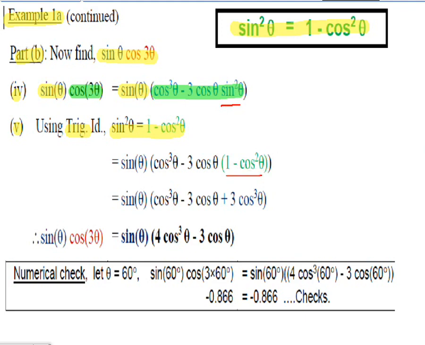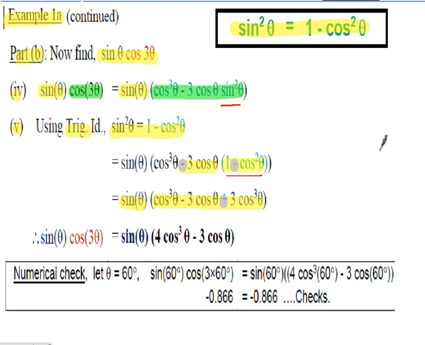So on the next line I've expanded the 1 minus cos squared theta in the brackets with the -3 cos theta term. So now I get cos cubed theta minus 3 cos theta plus 3 cos cubed theta in the bracket, and it's all multiplied by the sine theta outside the bracket. Just be careful of the change of sign that occurs because of the -3 here and the negative cos squared theta here ends up with a +3 cos cubed theta.